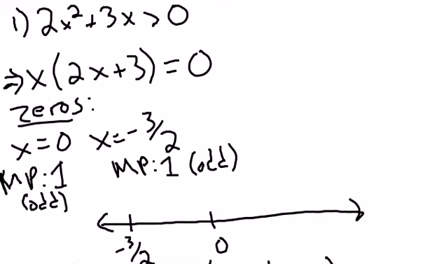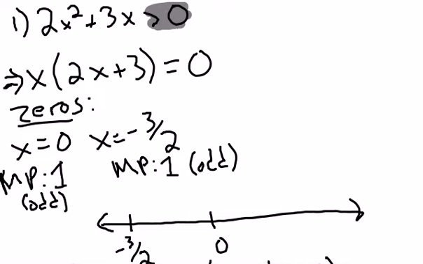Okay, so we got that down. And now for each of these areas here, I'm going to have a setup so that I can figure out whether the interval is negative or positive. And remember that we are interested in where it is greater than 0, okay, which is our original problem.